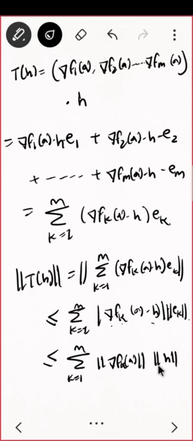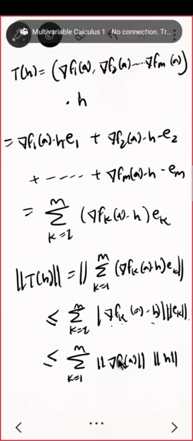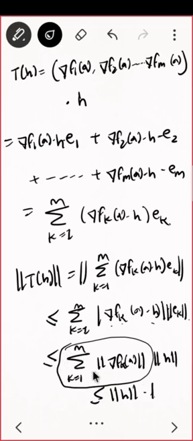Correct. Now do you see, you got that? Norm h is there for you, you just have to take it outside, since it is a constant number. So if you take norm h outside, this will be equal to norm h into L, where L is this term.